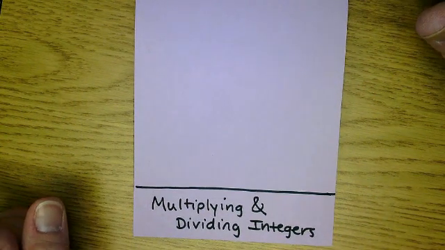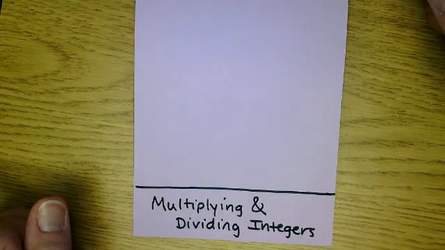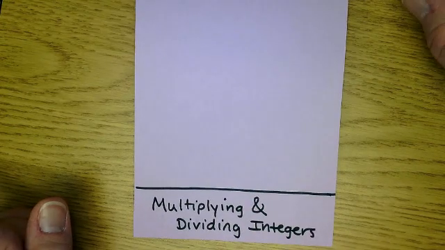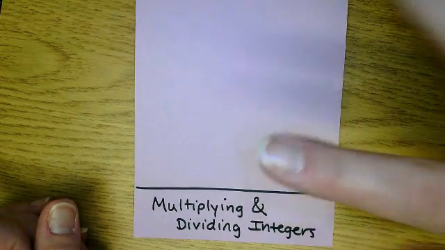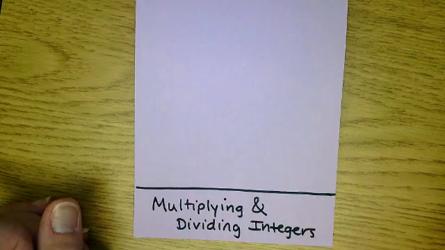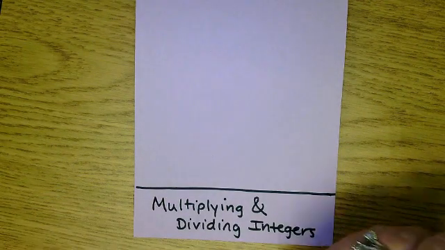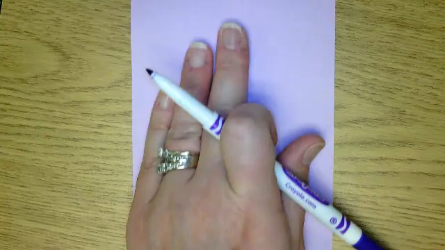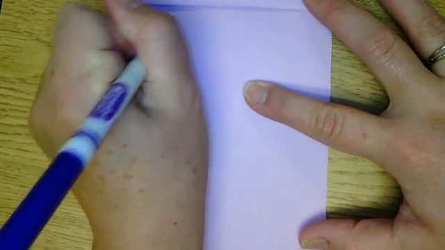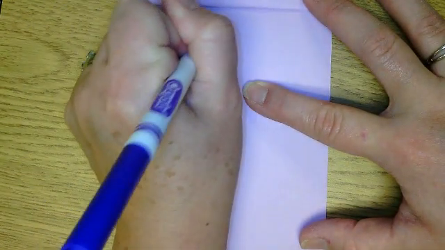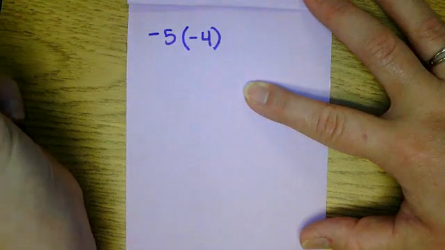Again, if you have multiplication or division, all these scenarios will work with both of them. The only difference is you have to remember the actual answers. So this -5 times -4, my signs are the same.